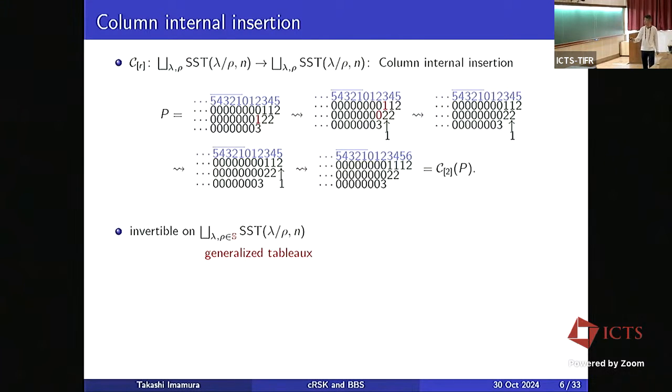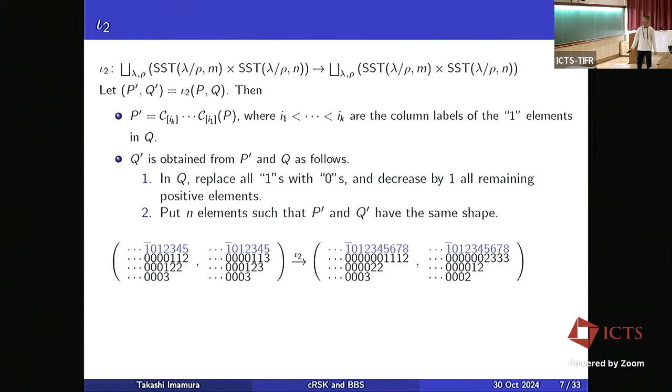Okay, thanks. So iota 2 is basically the same as the iota 2 introduced by Tomohiro. The only difference is that we use a column bumping, a column internal insertion, for the P tableau. We omit the explanation, but this is the example.